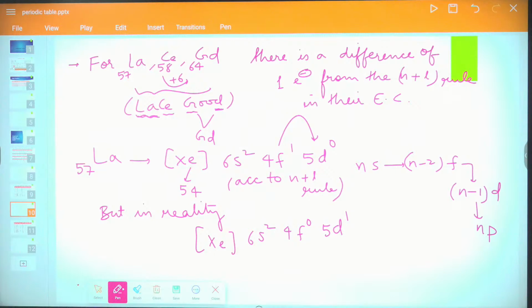Yes, are we done writing? Okay. Now let us go for gadolinium.